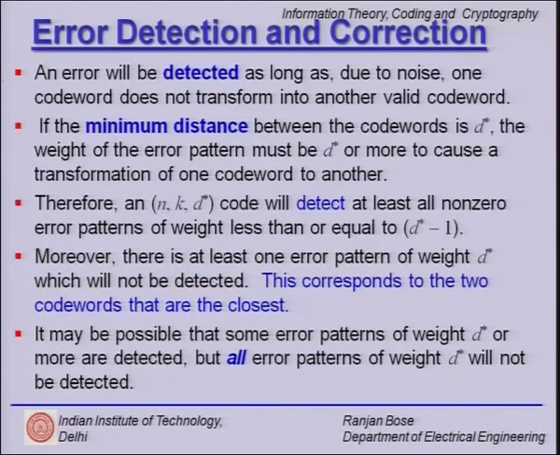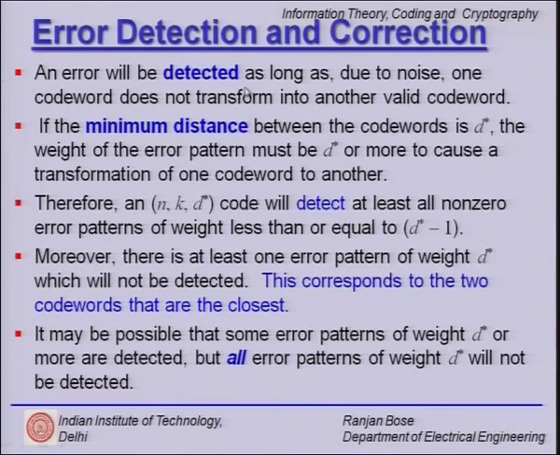So, first we look at the problem of error detection, because if we can detect, then only we can think about correcting it. So, an error will be detected as long as one of the code words does not completely transform into any other valid code word. Please note, we are in a space where an n tuple represents a point in the space.